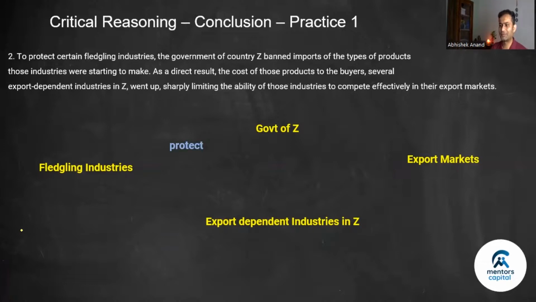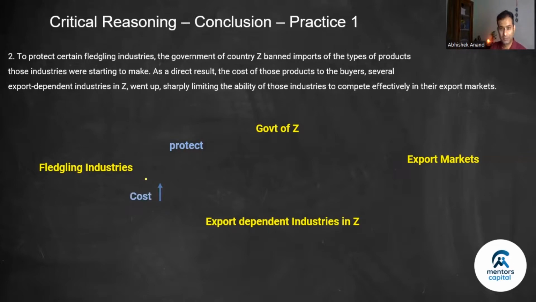Now, what is the relationship? Government of Z wants to protect fledgling industries, and therefore they ban imports, right? So let's say if I'm buying these pens from some other countries, to protect the industries which are producing this pen, government of Z has banned the import of these pens. Okay.